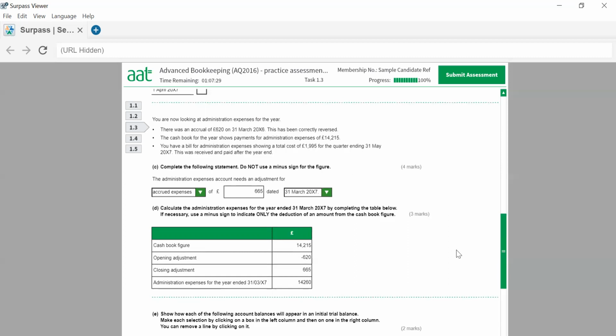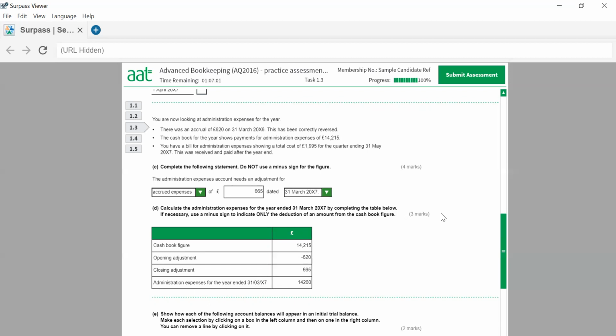So again, I would draw a line, 31st of March. So you've got 31st of March, April, and May. So this is taking us to 31st of May. So April and May, yeah, basically, when was it paid? So it's paid after. Okay, so that £1,995 is paid after our year end, but we still owe for March's.